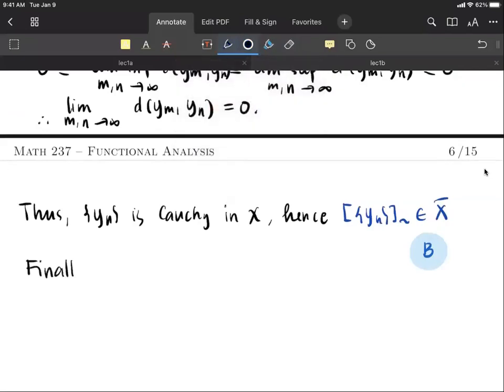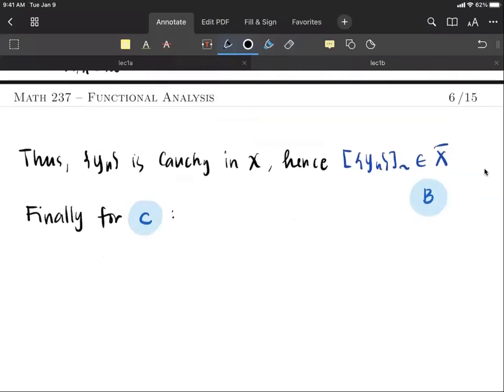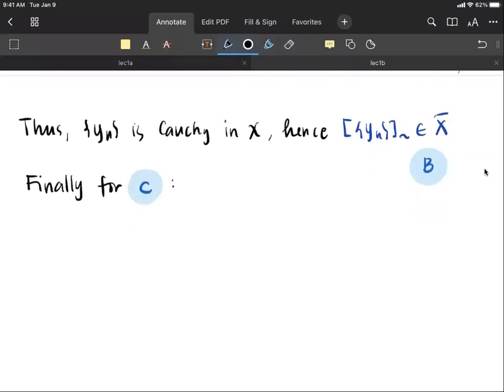Finally, for part C, we need to verify that indeed this constructed candidate limit is the limit of the original Cauchy sequence. Well, that follows immediately from the definition of D bar. So let us look at the distance of the terms of the Cauchy sequence with the candidate limit.